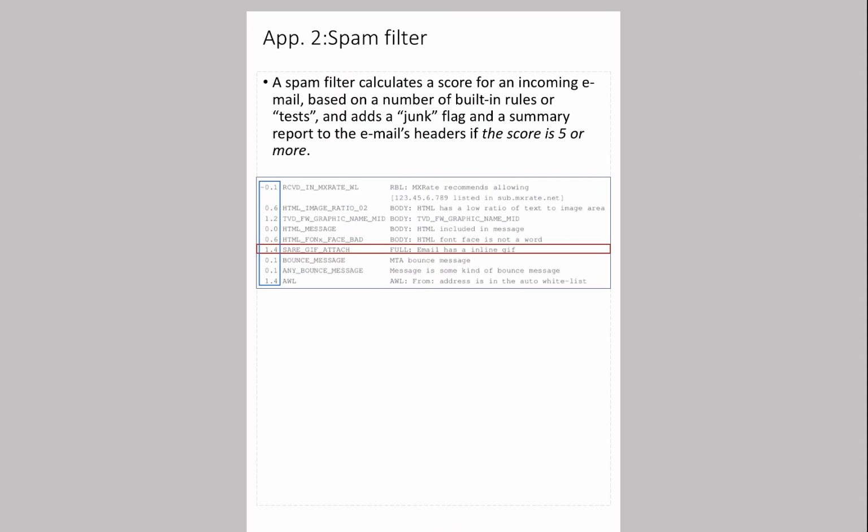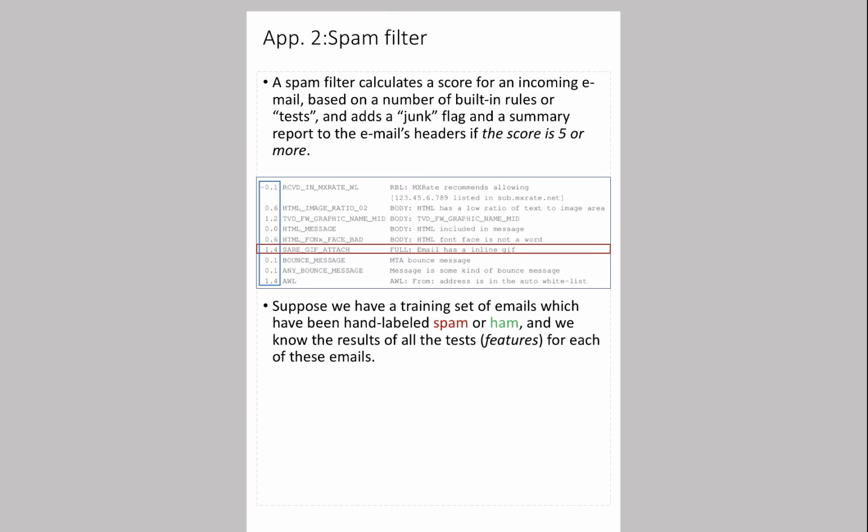We return back to our spam filter example from the previous module. Here, although we have a more sophisticated spam filter, this filter calculates a score for an incoming email based on a number of built-in rules or tests, and adds a junk flag if the score is 5 or more. For instance, if an incoming email has an inline GIF, the test returns 1, otherwise 0.